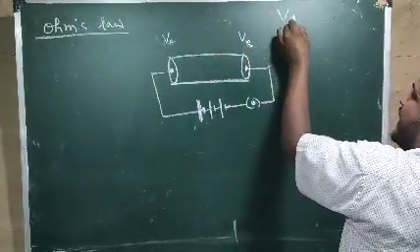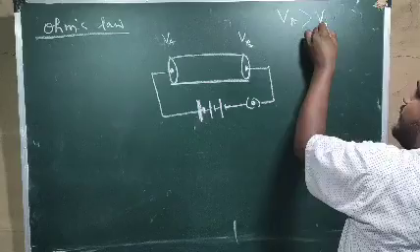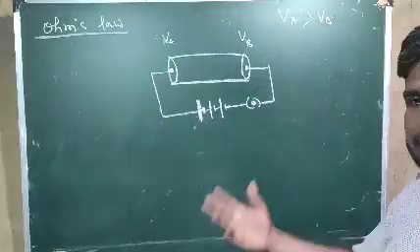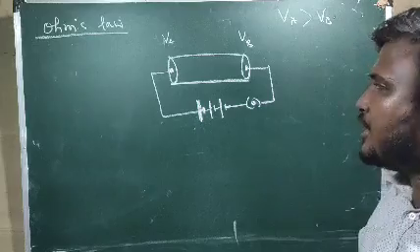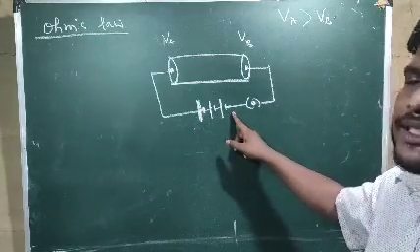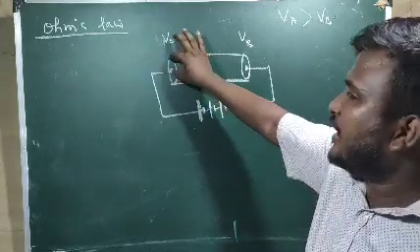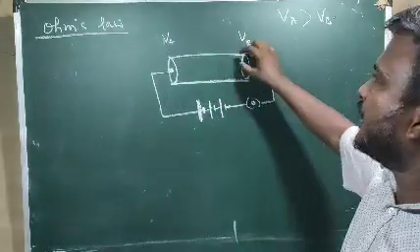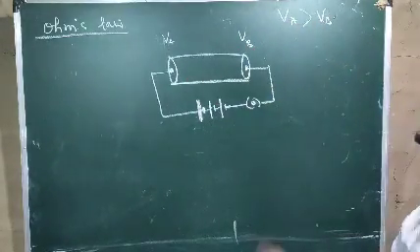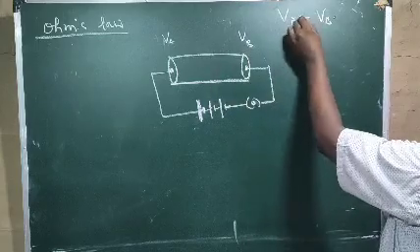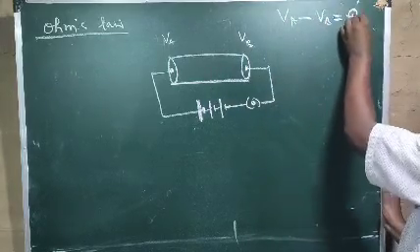So VA is greater than VB. Why VA is greater than VB? Because conventionally we assume that the positive terminal of the battery has higher potential and the negative terminal has lower potential. So VA is greater than VB, and VA minus VB will have some positive value.